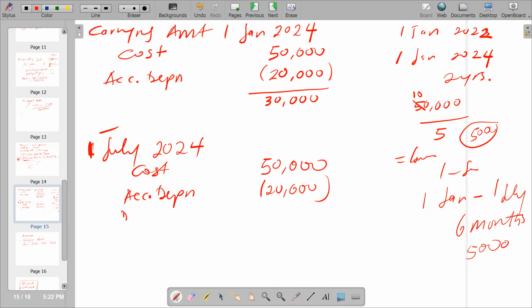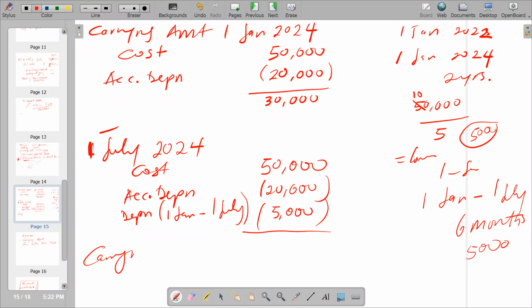And then we have another depreciation from 1st January to 1st July, which is 5,000. So our carrying amount will be 25,000.